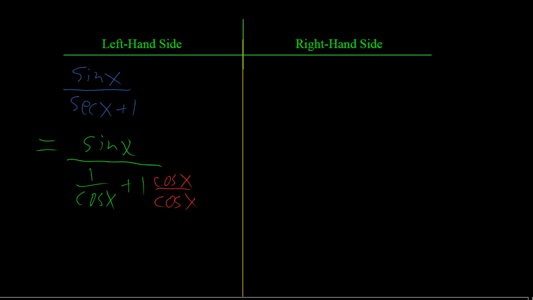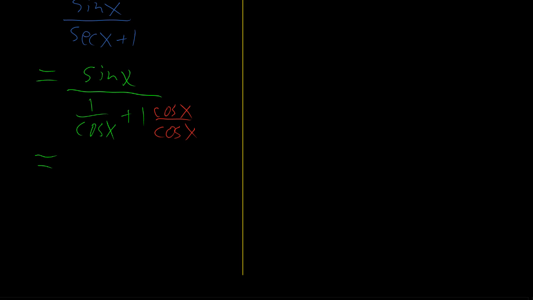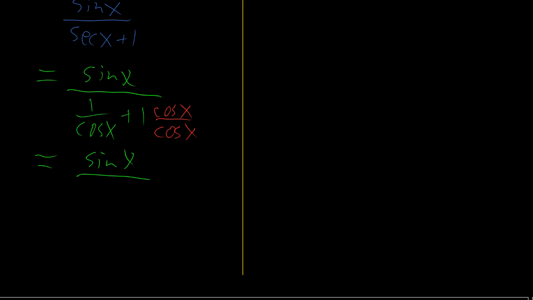It doesn't ask us, so we won't. But we'll continue on. So this becomes sine of x still on the top, because I have a common denominator. The common denominator is cos of x on the bottom. And on the top is 1 plus, and then 1 times cos of x is just cos of x.